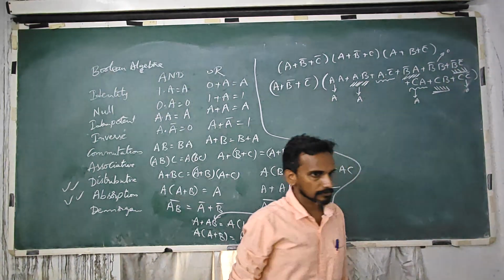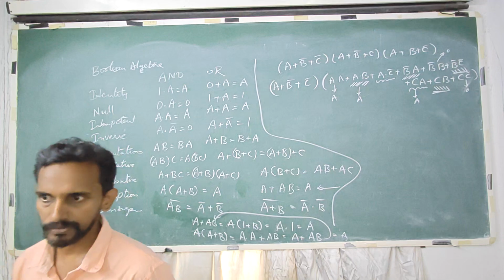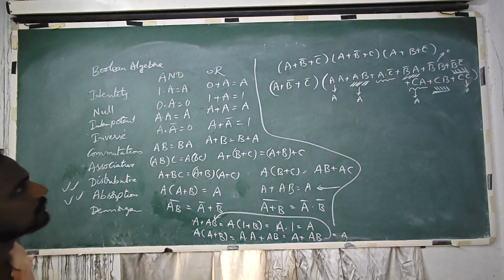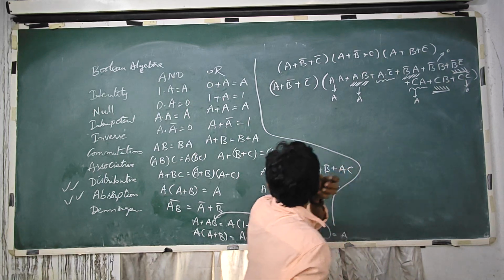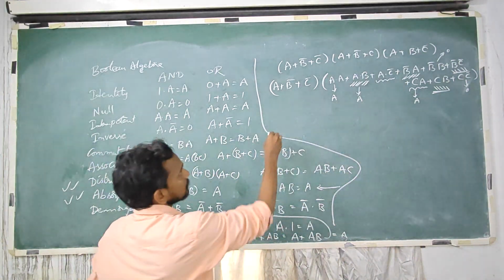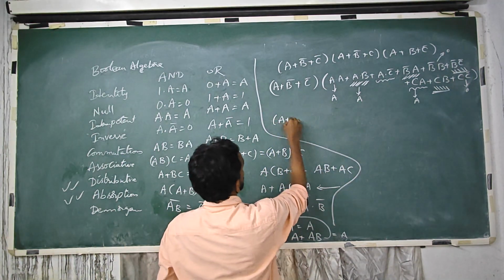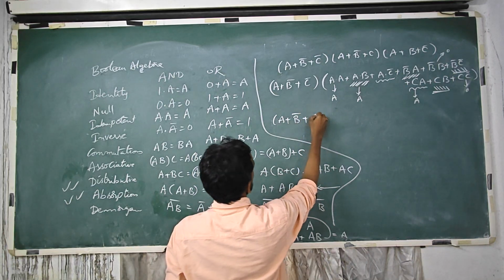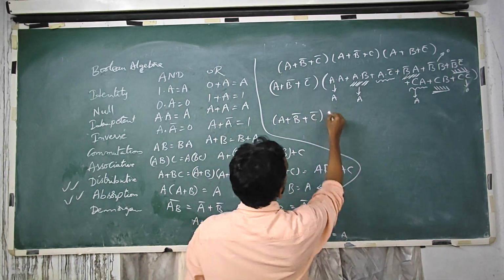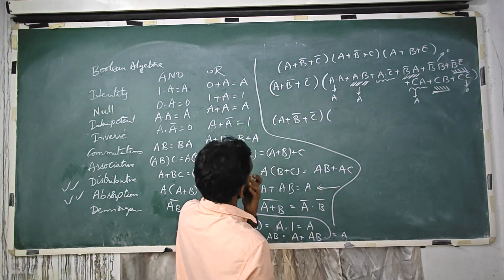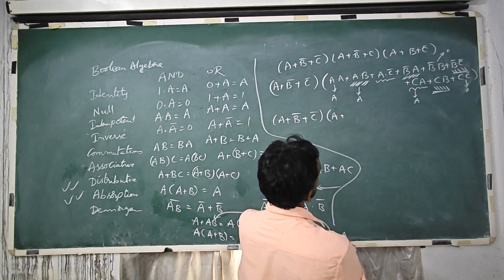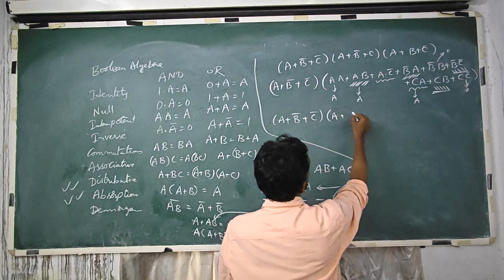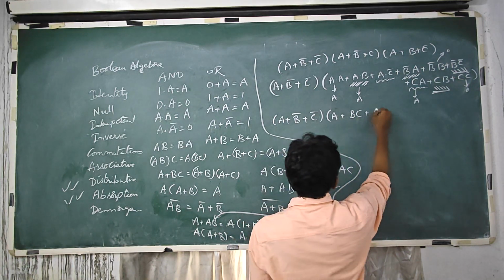A is repeating thrice. A plus A plus A is again A. So the ultimate outcome is A plus B bar plus C bar multiplied by A plus BC plus B bar C bar.